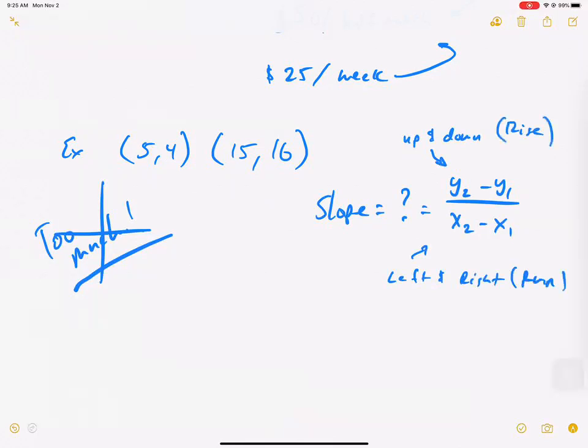So we're going to use this formula, and I'm telling you right now, you're going to be using it till calculus. So make sure you remember this right now. Slope, rise over run, is simply subtracting your y's to figure out how far we went versus our x's, which is our run. Rise over run.